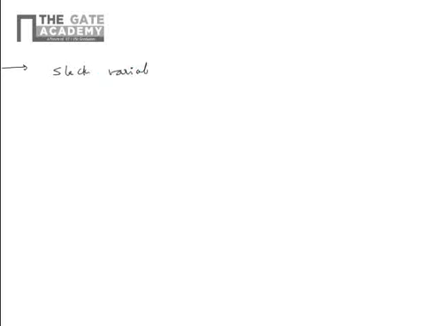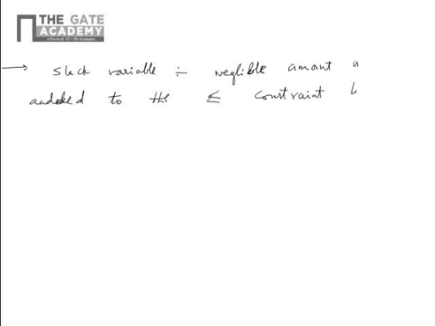Slack variable: a negligible amount of quantity is added to the less than or equal to constraint to convert it into an equality constraint. That is called a slack variable.